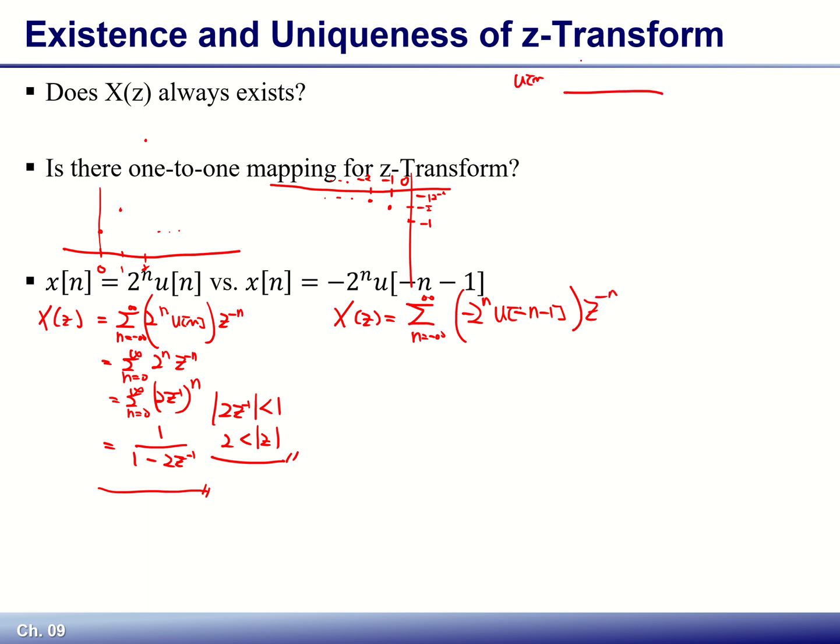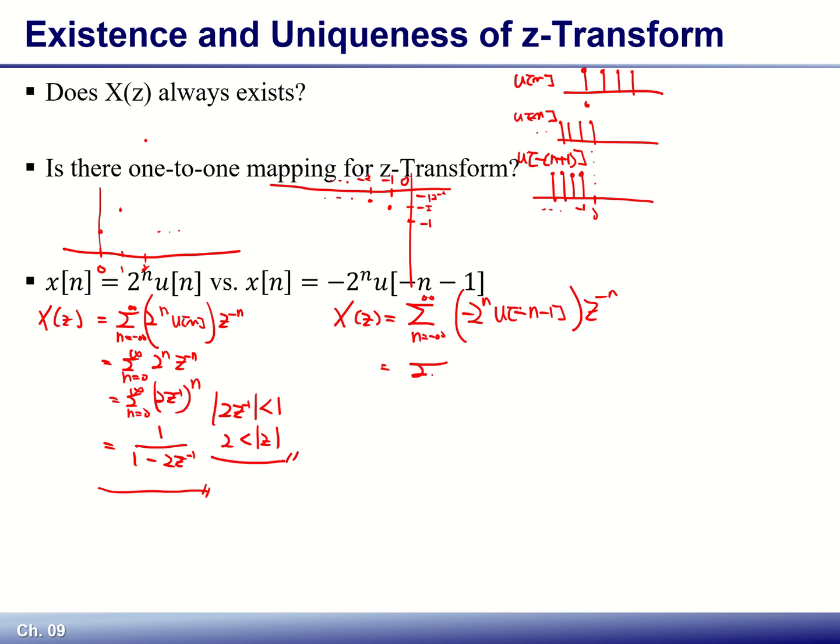Here u[minus n minus 1] will be nonzero starting from n equals minus 1 toward minus infinity.